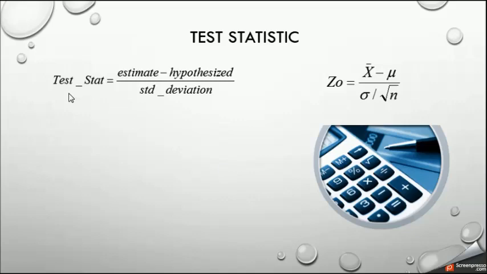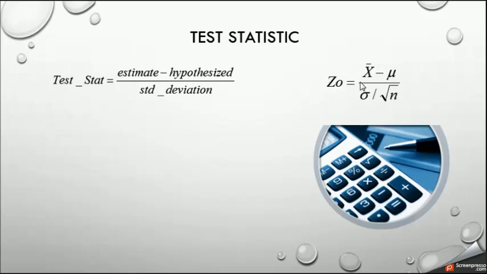So always we have the test statistic as this equation. We should compute the difference between the estimated value and the hypothesized value, and after that we should divide by the standard deviation of our statistic. So now we have this value which is called Z0.